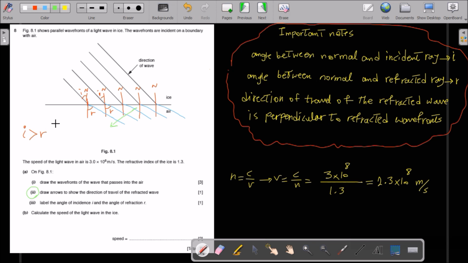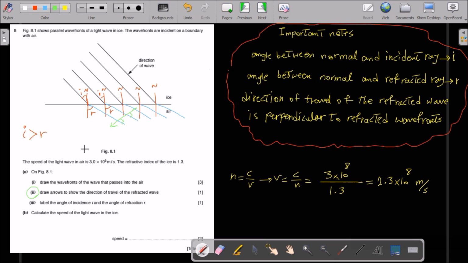So important notes: angle between normal and incidence ray is I. Angle between normal and refracted ray is R. Direction of travel of the refracted wave is perpendicular to refracted wavefronts. So this angle must be 90.